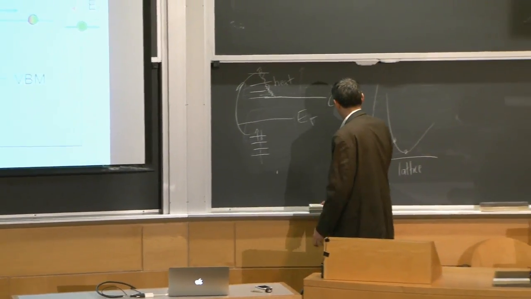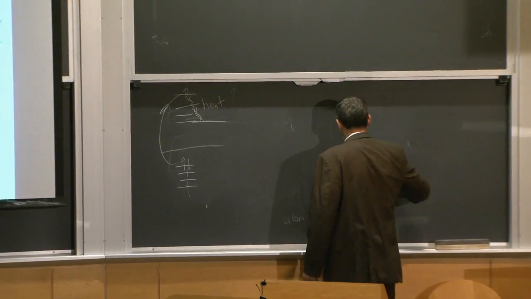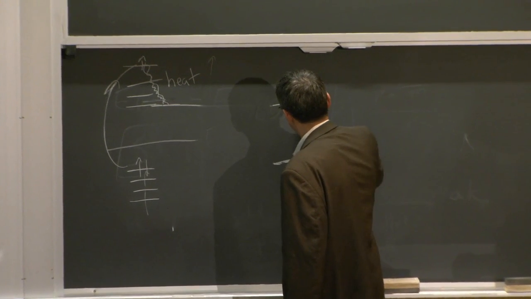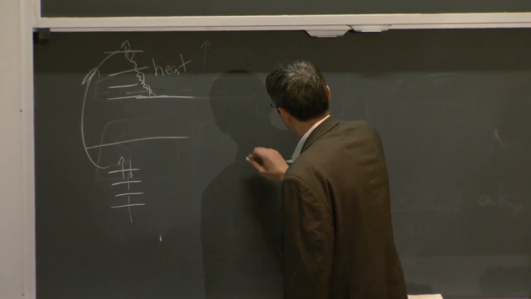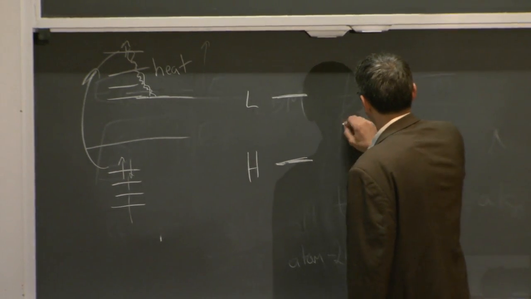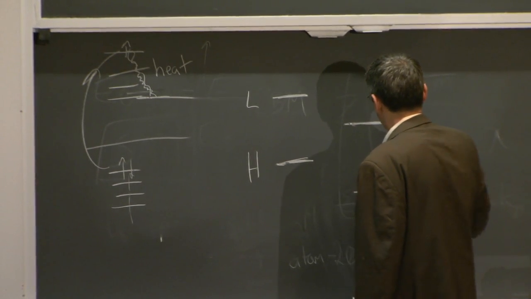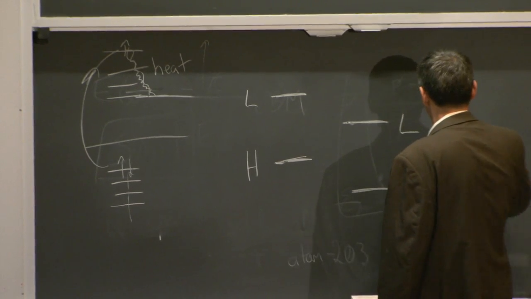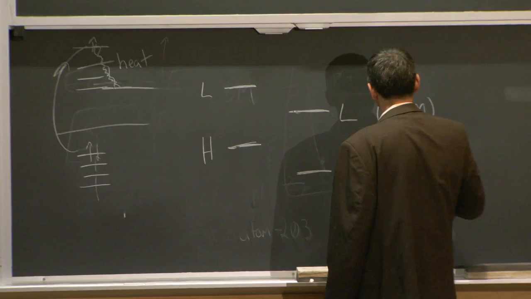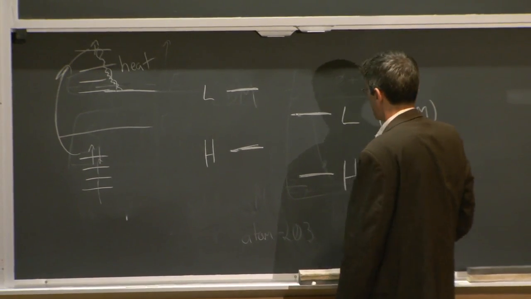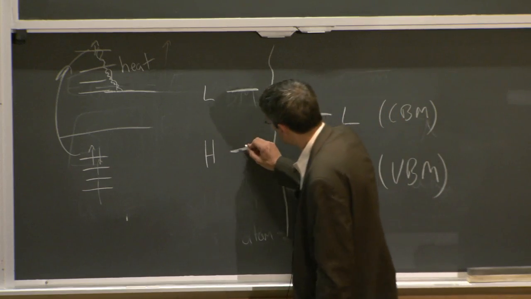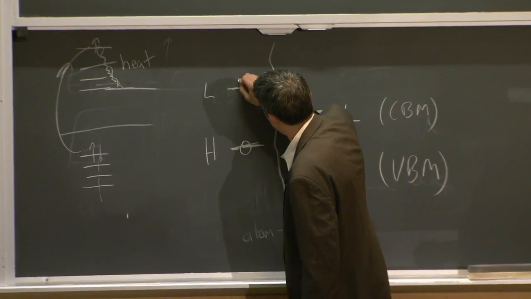So again, it comes back to having one material with levels, this is, let's say, the HOMO and the LUMO, and another material, or if you want to think about this as the conduction band and the valence band, you need to have, if you have a really strongly bound electron hole, there it is.